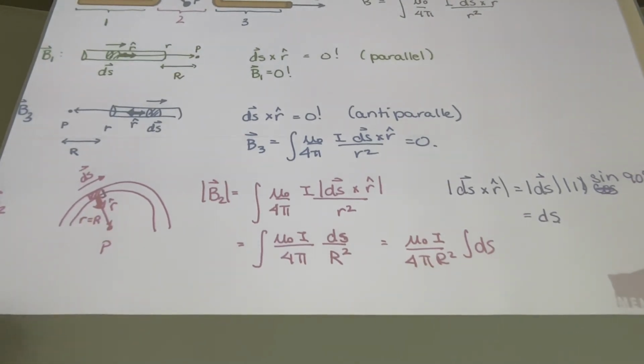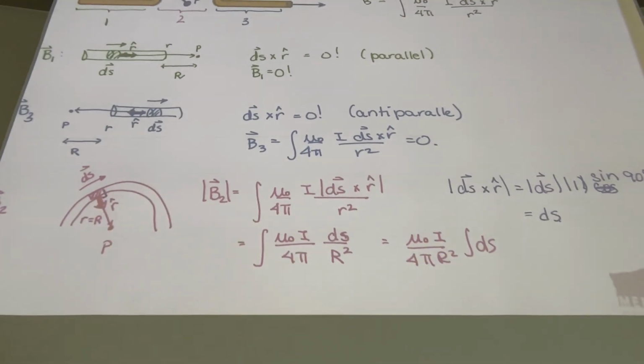We had the integral of ds. That time we went around the full loop. This time we're going around half a loop. So the integral of ds will be our length around half of a loop. It's going to be half of a circumference.